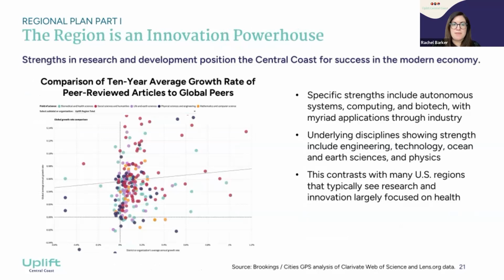Next slide, please. So in addition to jobs, the team looked at a wide range of factors influencing the Central Coast economy. And I really want to be clear that despite these challenges, the region has some tremendous economic assets compared to other regions that it's competing with in this very complex global economy.